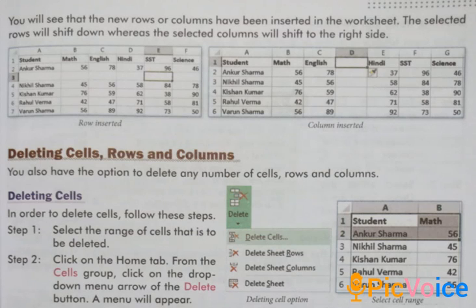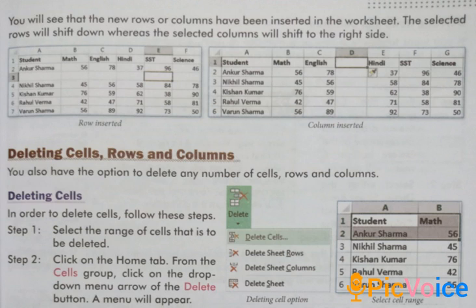Deleting cells, rows and columns. You also have the option to delete any number of cells, rows and columns. Deleting cells. In order to delete cells, follow these steps. Step 1. Select the range of cells that is to be deleted.